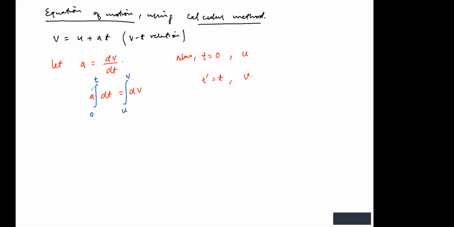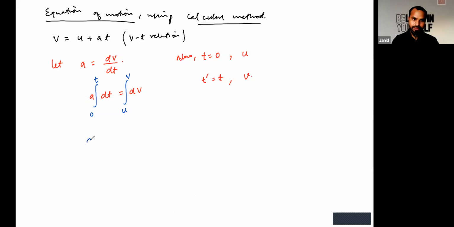Okay. So we have a being constant, taking it as a coefficient. We have dt, and the integration of dt is nothing but t, or you can simply put t raised to the power 0 here and integrate it. So it will be t to the power 0 plus 1 divided by 0 plus 1. This whole part will give you nothing but t itself.